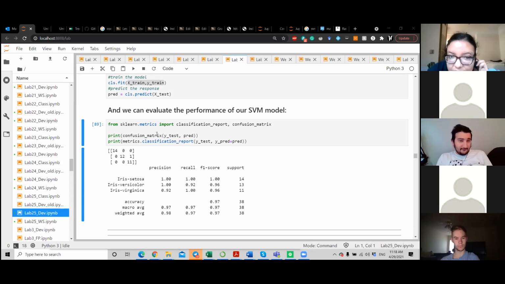Since when I'm running my confusion matrix, I'm using ytest first and pred second, the values I have in the rows are the actual values, and the values that I have in columns are the predicted values. So I had 13 observed plants in the second class, and out of those, 12 were correctly classified by my model. Thank you, Abby.